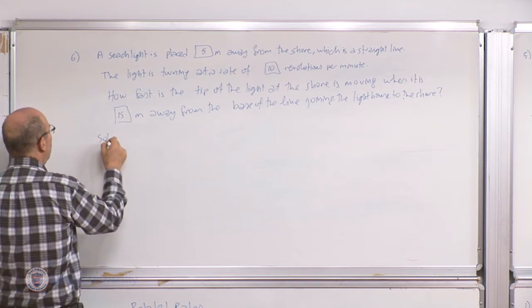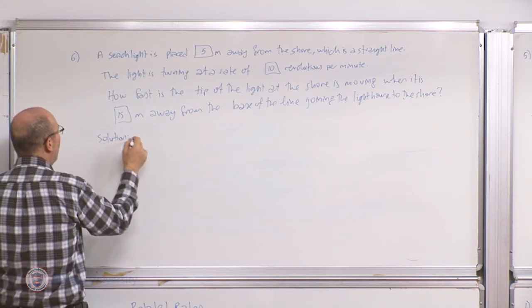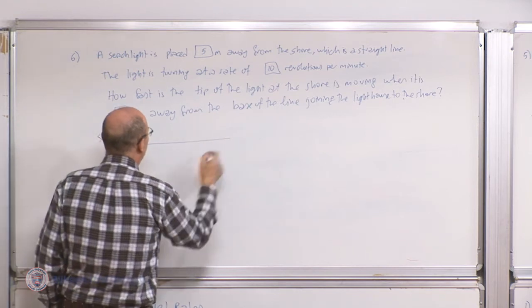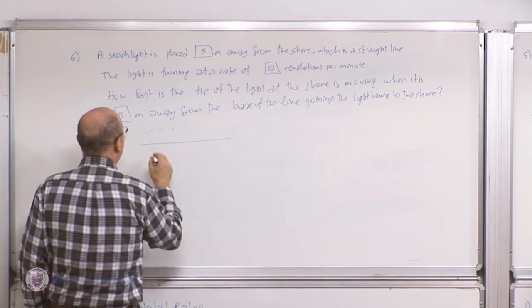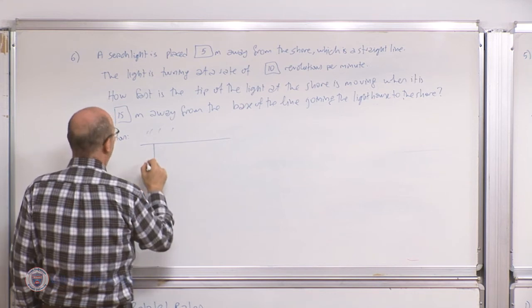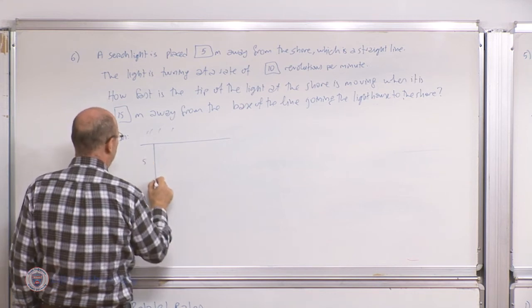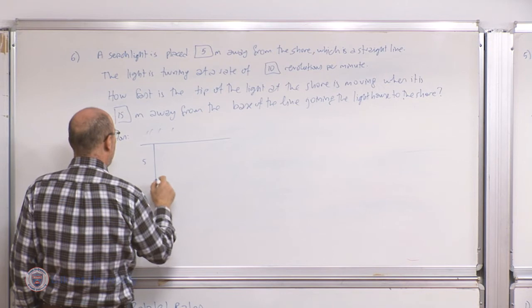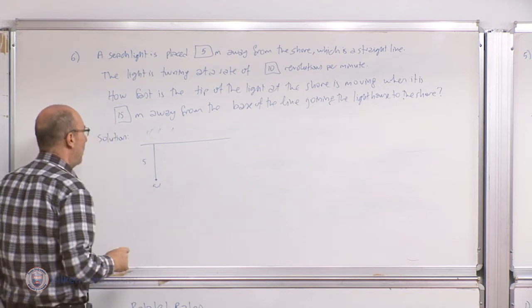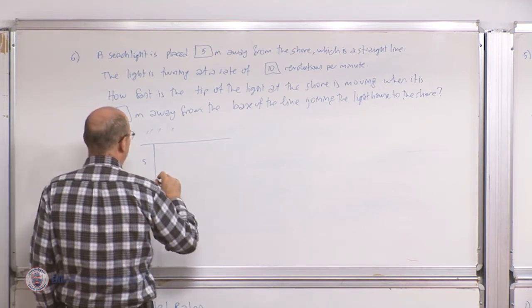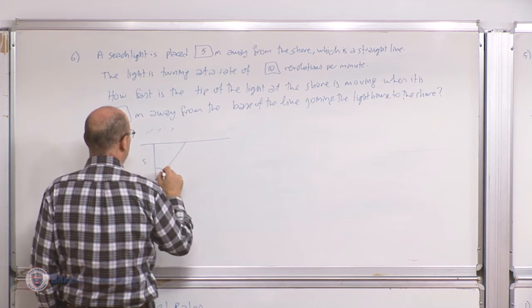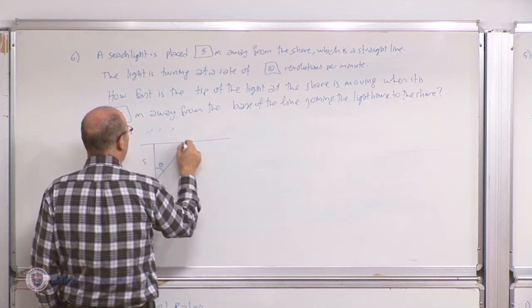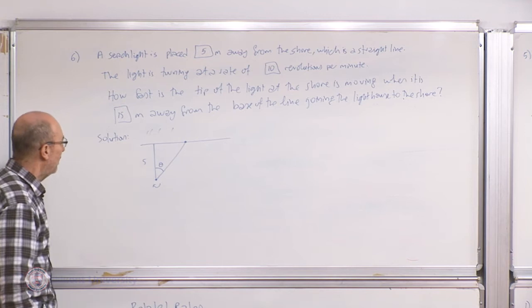Okay, so solution. So we have this shore, this is sea, and 5 meters away we have this light, okay, and the light is turning, okay. So at a certain time, when it is theta here, this is the tip of the light.